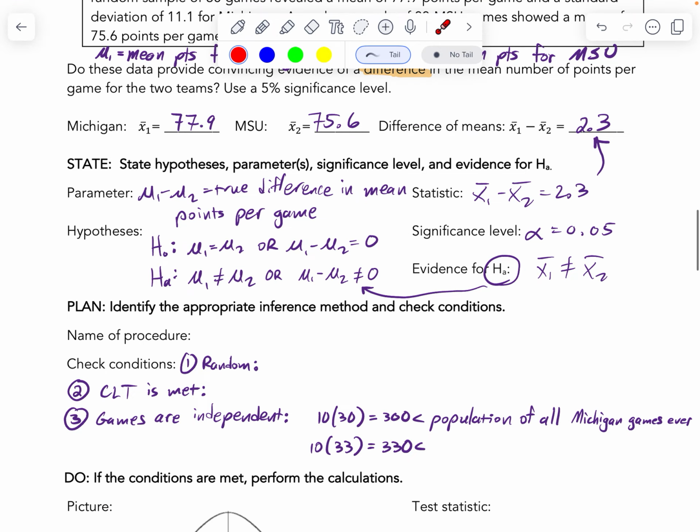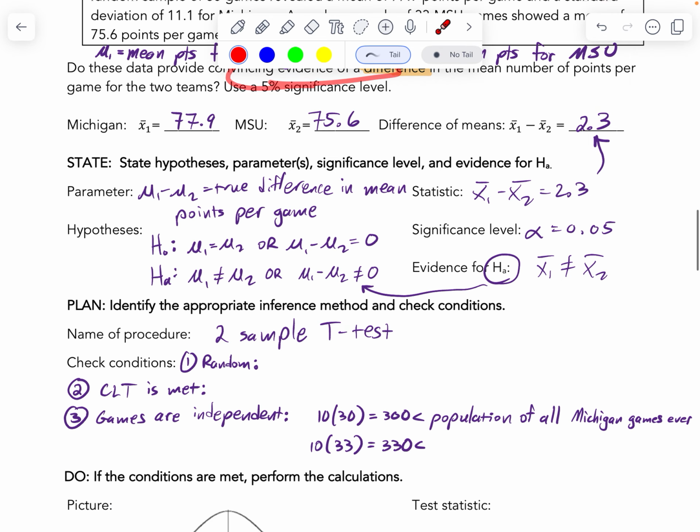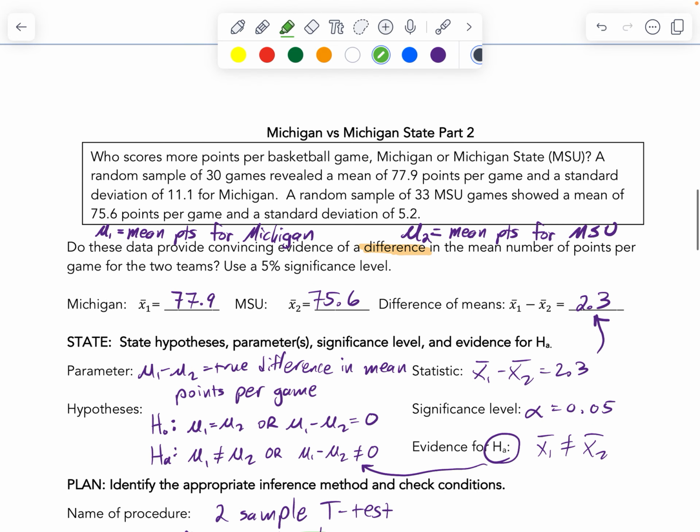All right, the plan, the name, it's a two-sample t-test. Two schools, two samples, and it is a t-test. We're not doing an interval because it said, is there evidence? Okay. Conditions, was it random? I think it stated that. Let me go look for that. Did it state random?